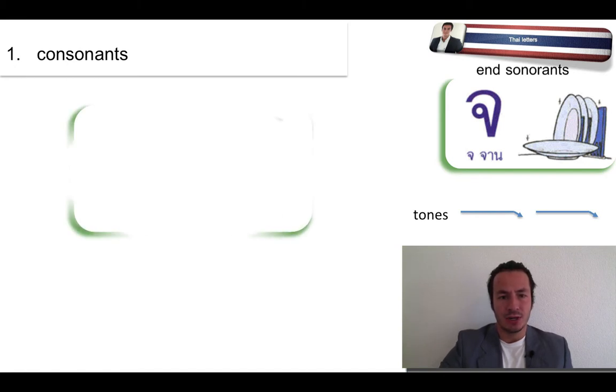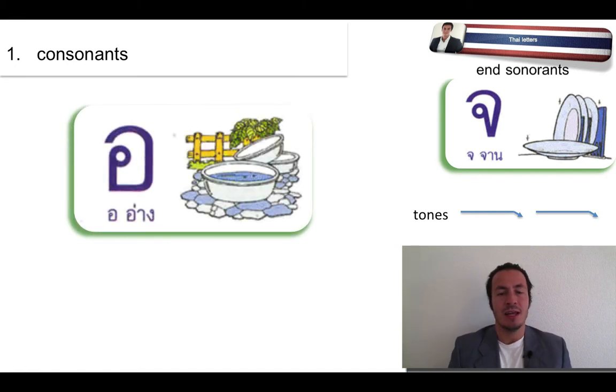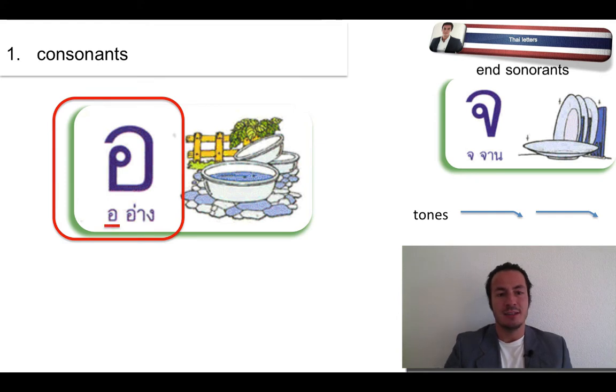Okay, in each card what we found was first of all a colored background. So the green background represents middle class consonants. And we've then seen, to the bottom left, the consonant itself, so the actual pronunciation of the consonant, in this case, ah.